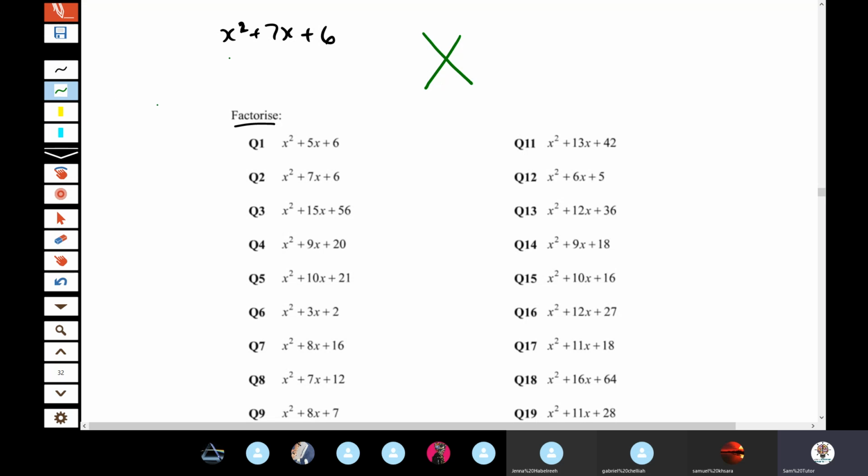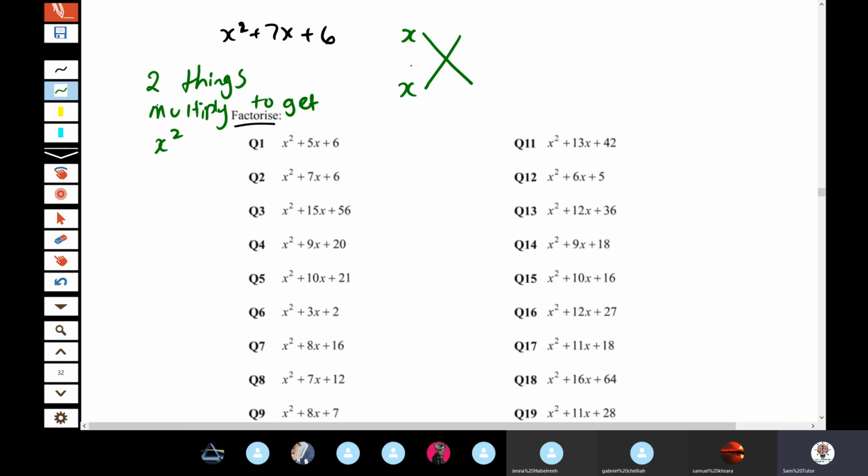Then we ask ourselves, what 2 things multiply, so it sounds very similar to maybe your PSF methods, to get x squared? What 2 things multiply to get the first term, x squared? Well, that would just be x and x.